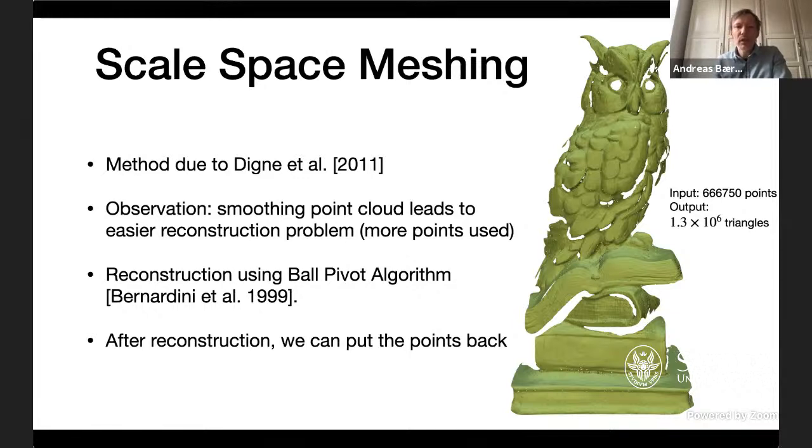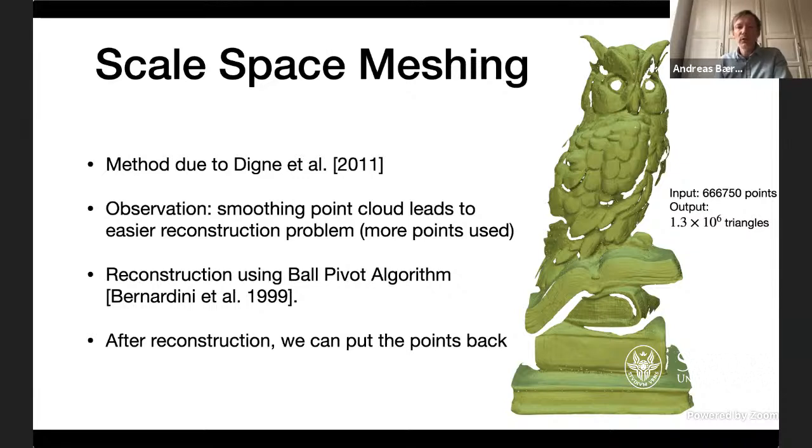It's based on the observation that if we smooth the points, essentially creating a scale space of the point cloud, it leads to an easier reconstruction problem, and also one where more points will be used, because if they are projected onto a smoother surface, it becomes easier to triangulate them such that we use all of the points, or at least many of the points.